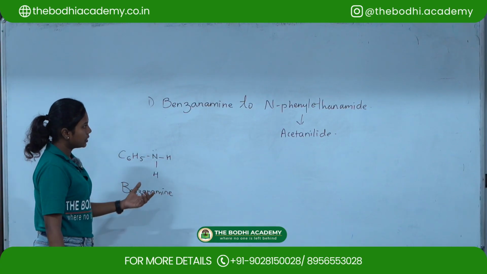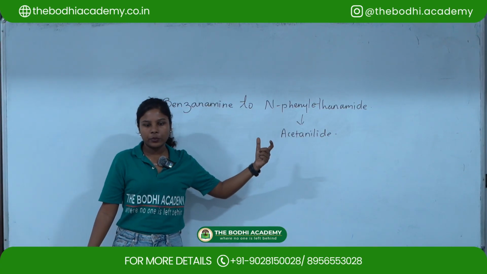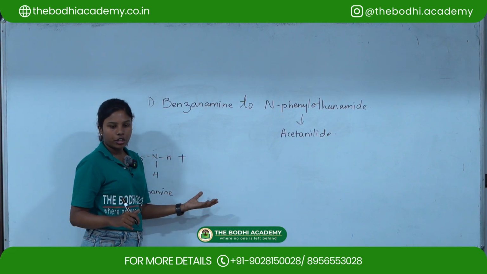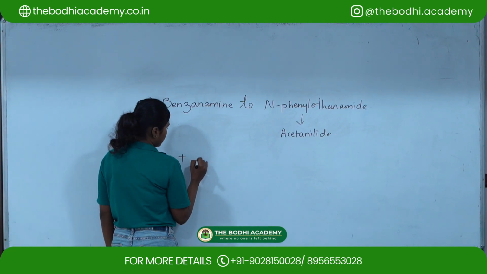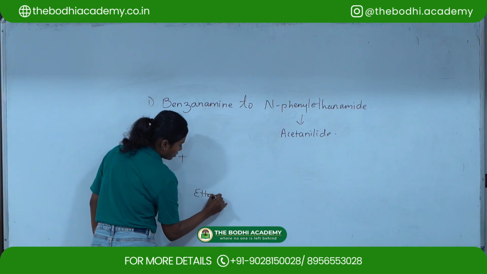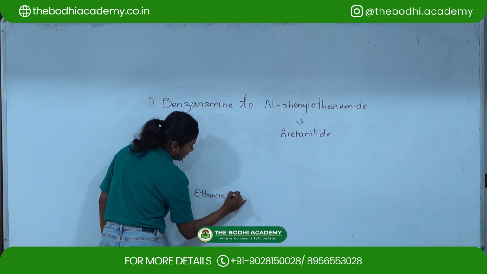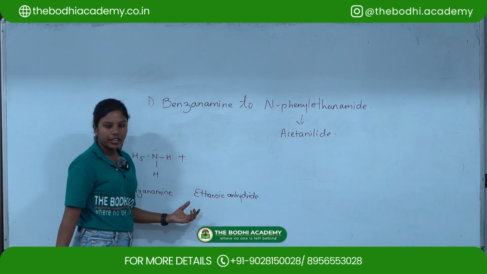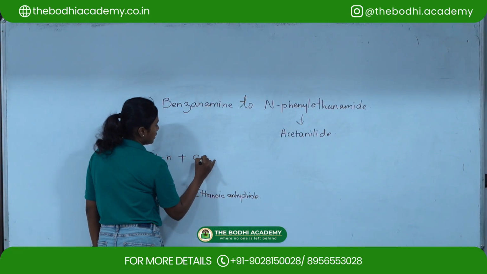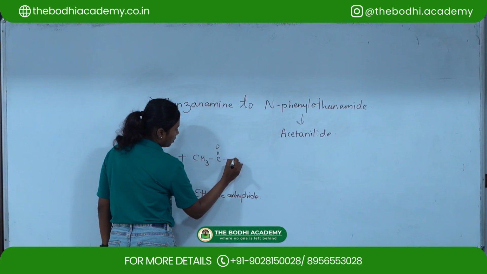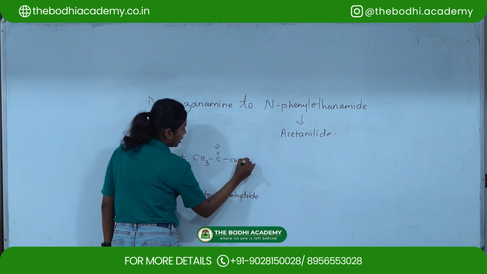Now to yield N-phenyl ethanamide, we need another reacting molecule, and that is ethanoic anhydride, that is CH3CO-O-COCH3.